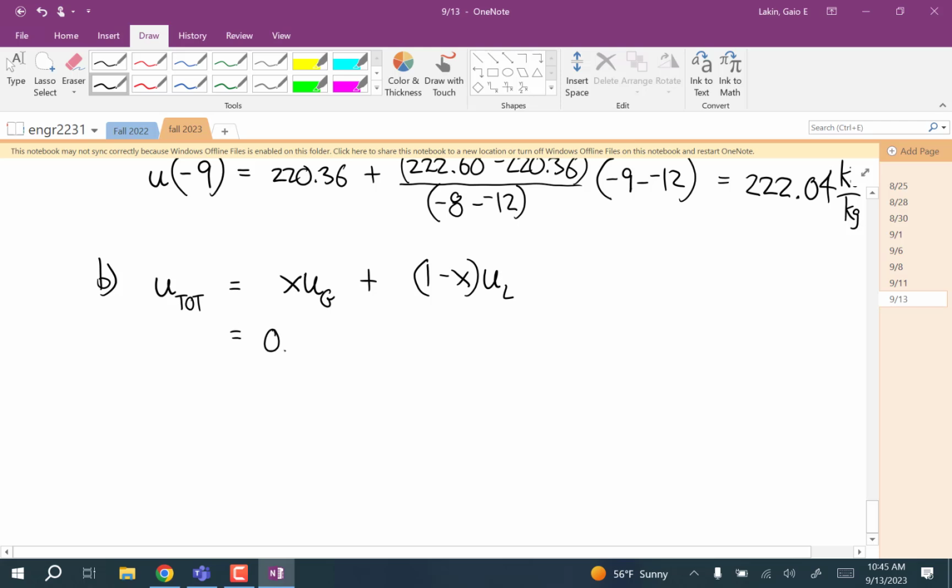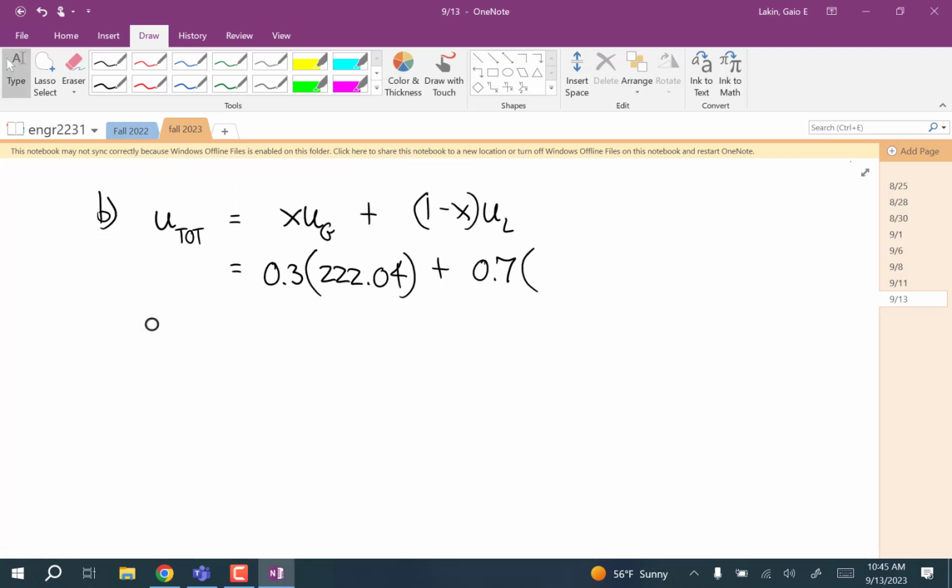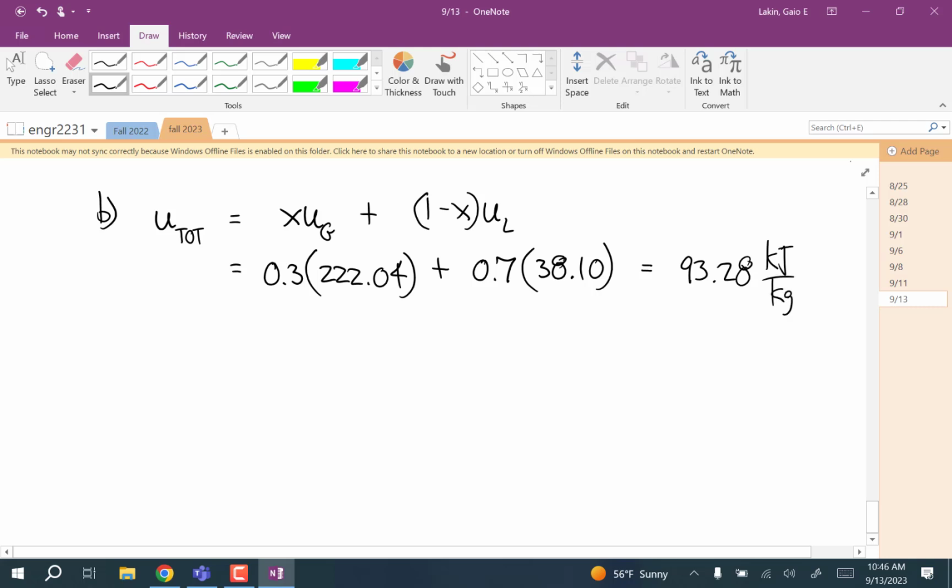So this is 0.3 times 222.04 plus 0.7 of what we got before, 38.10. And you get a value of 93.28 kilojoules per kilogram.